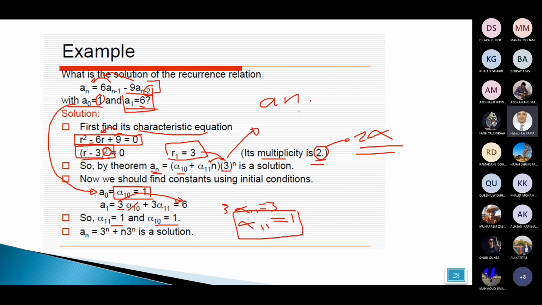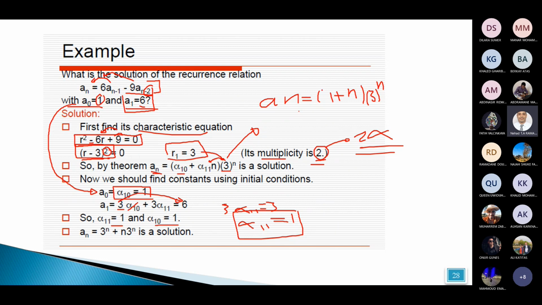And this is the final solution: a n equals 1 plus n, because alpha 1 0 is 1 and alpha 1 1 is 1, so it's 1 plus n, times 3 power n. Like this, it's enough.